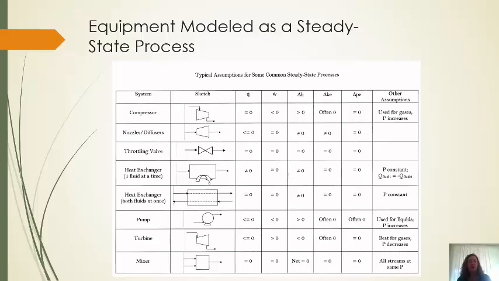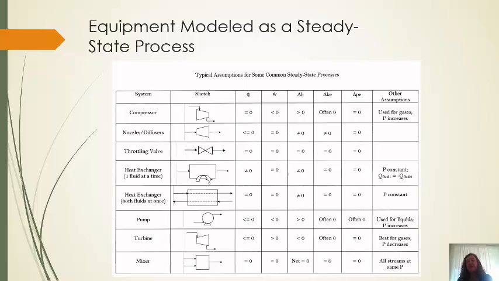Now, frequently we are going to insulate these things so that all of that energy is going into producing power, not into the environment. You may also choose to cool these. There are various kinds of things you can do, but usually Q is zero. It may be negative. It's possible it could be positive.